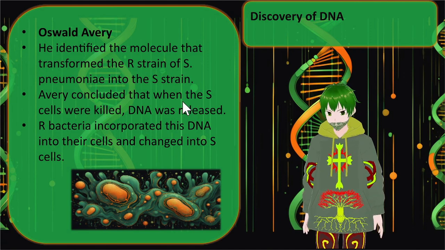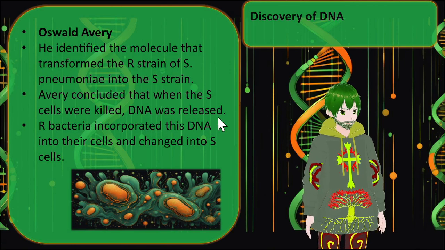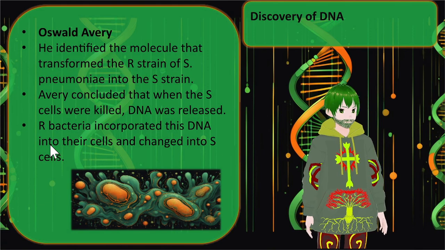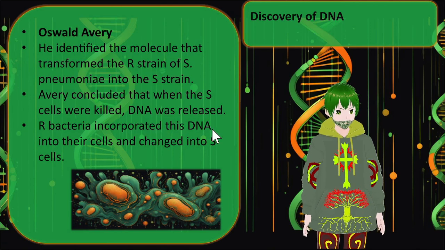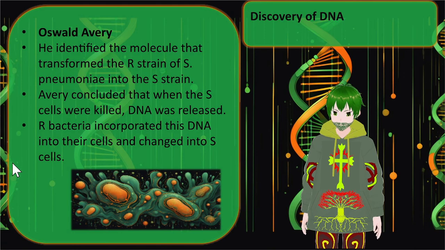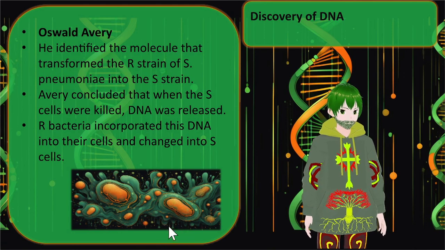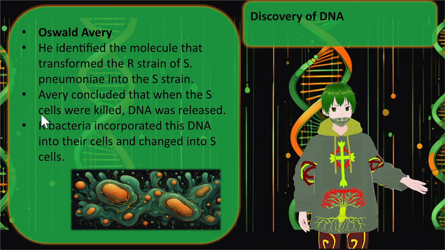Avery concluded that when the S cells were killed, DNA was released. And so the R bacteria incorporated that DNA into their cells and changed into the S strain cells. So they went from rough to smooth and slimy. Nasty, nasty stuff.